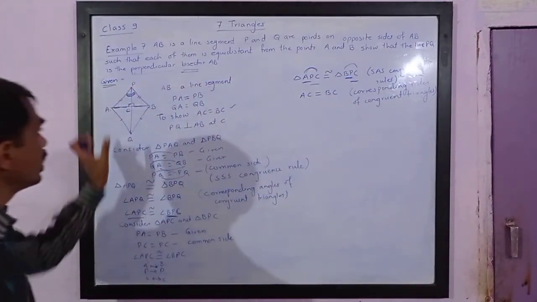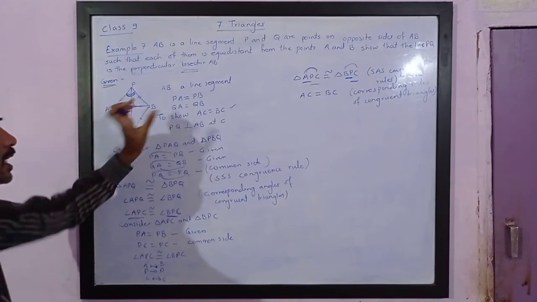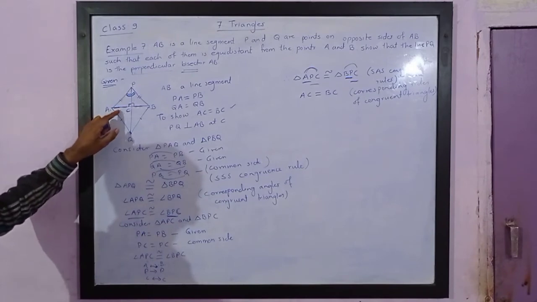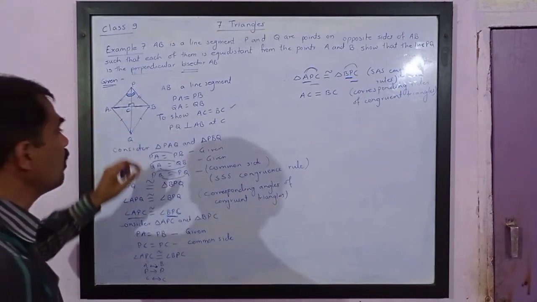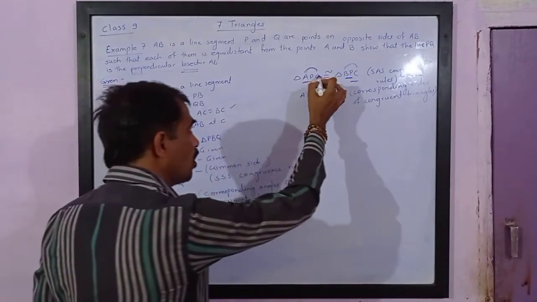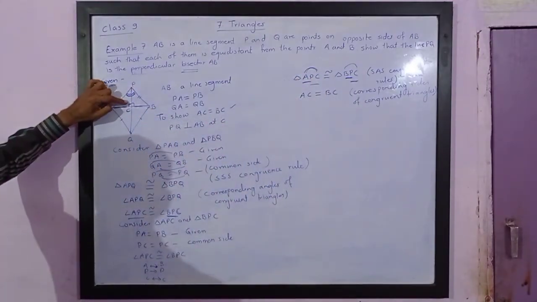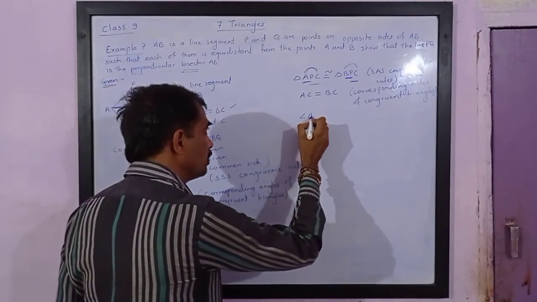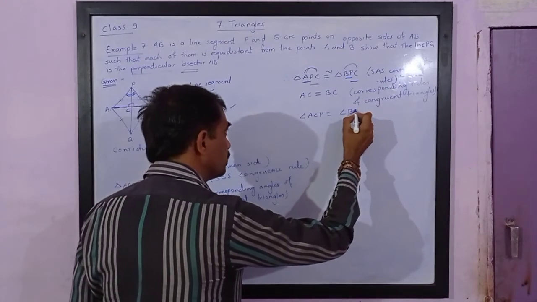Now I have got AC is equal to BC, means I have proved that PQ is bisector of AB. It makes two equal parts. I have to prove that this is perpendicular as well. Now please note, we have also got angle C, third angle is congruent to third angle. In this triangle, third angle is C, means angle ACP is equal to angle BCP.